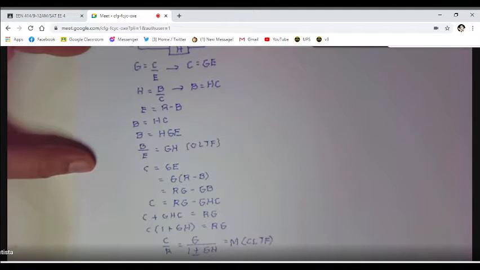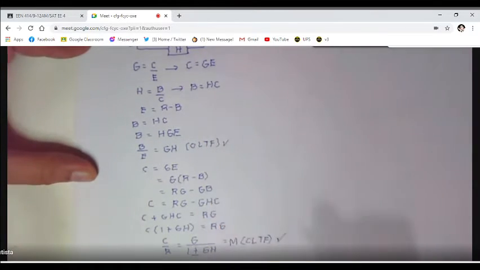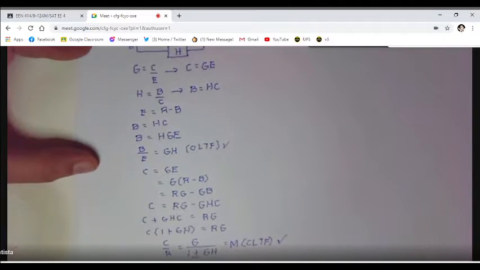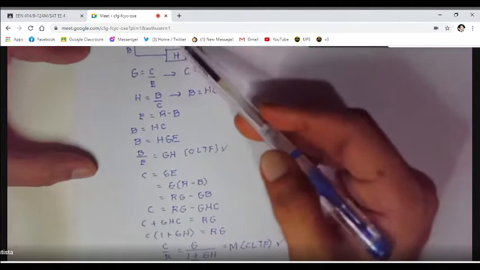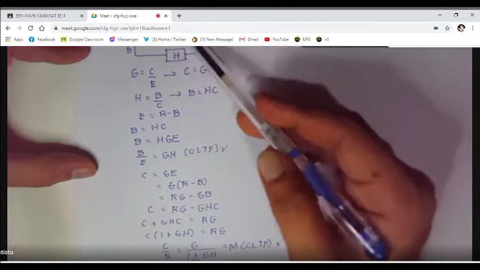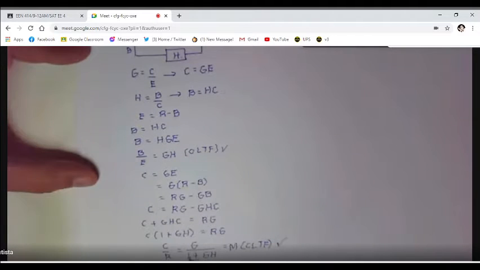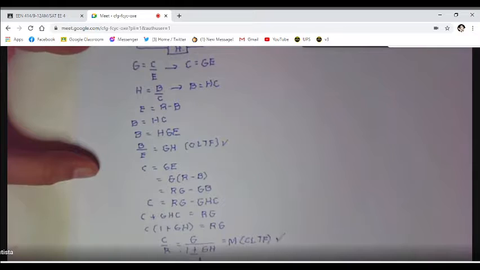Okay? So that's how you determine the closed loop transfer function and the open loop transfer function. Your G and H have an equation, or constant, or whatever, no? So whatever they contain, you can substitute here to determine your transfer function.